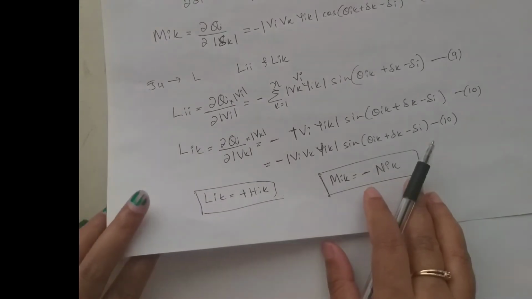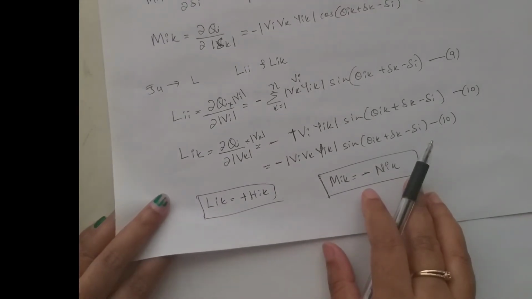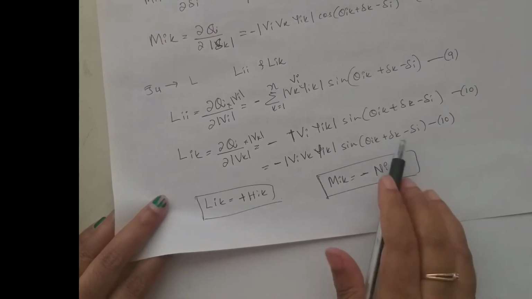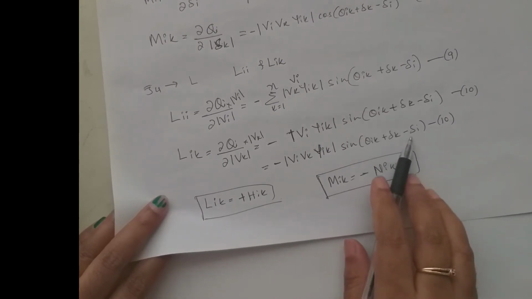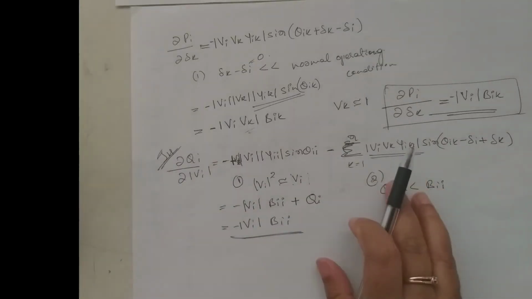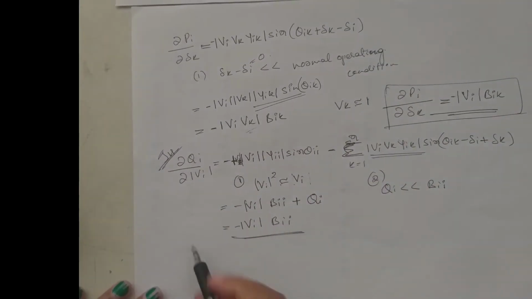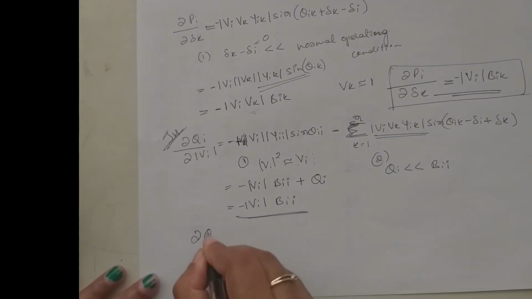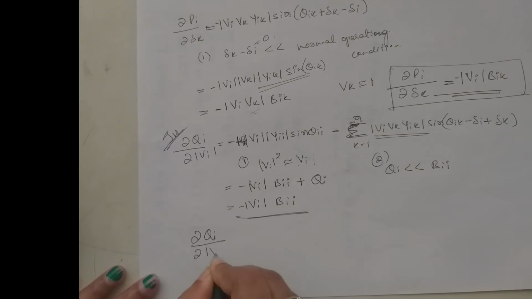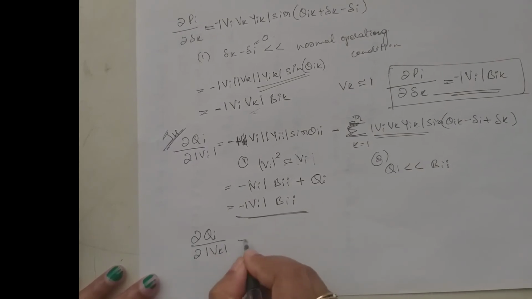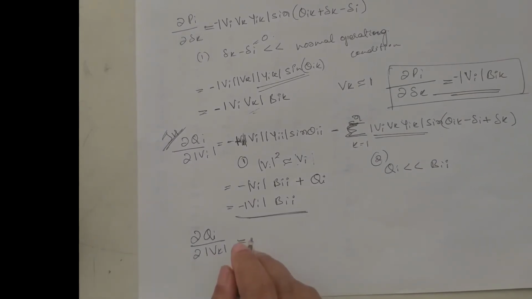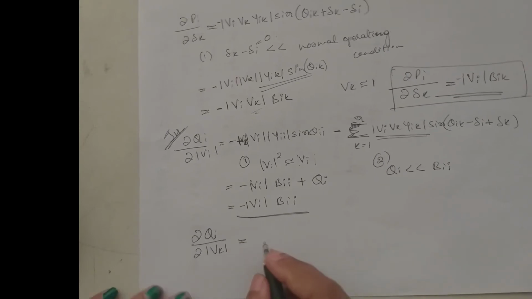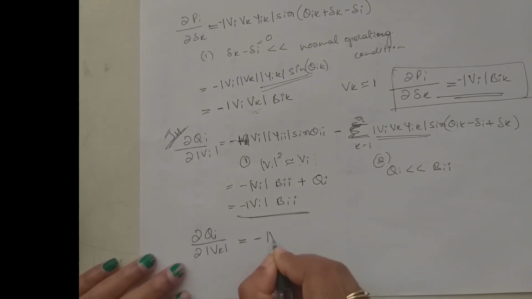Here assuming Vk is very small, and neglecting delta k minus delta i, which is very much small under normal operating condition, we get delta Qi divided by delta Vk equal to minus Vi.